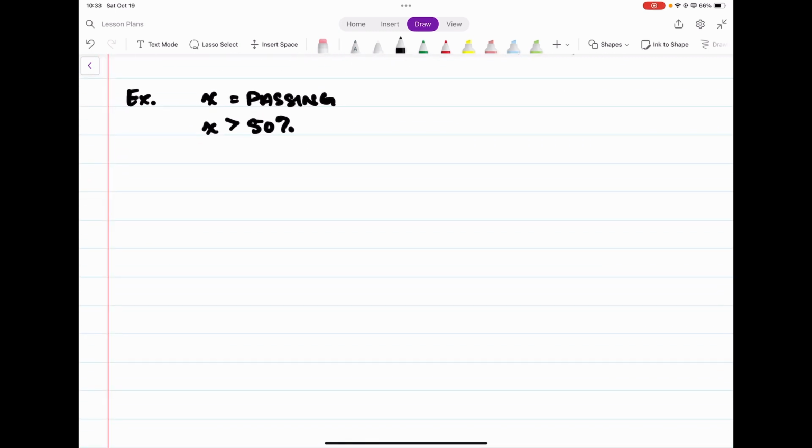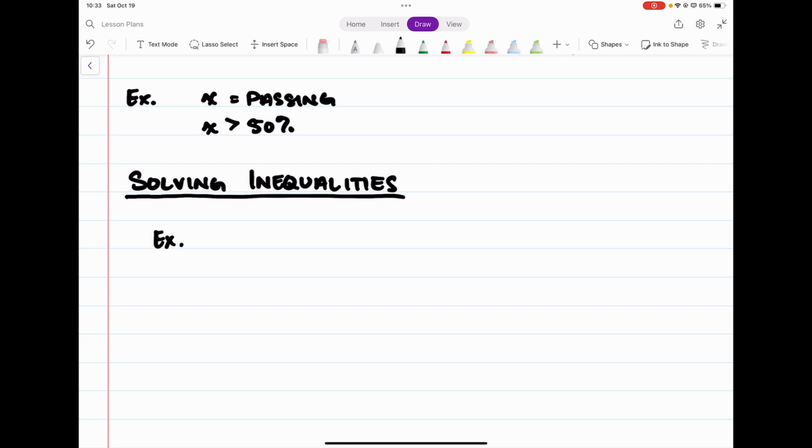Let's go with another section here where we say solving inequalities. If you have been following my steps, this should pay off tremendously nicely. Let's say we have an example here: 3x plus 4 is equal to, or no, oops, my bad, let's go with is greater than or equal to 16.